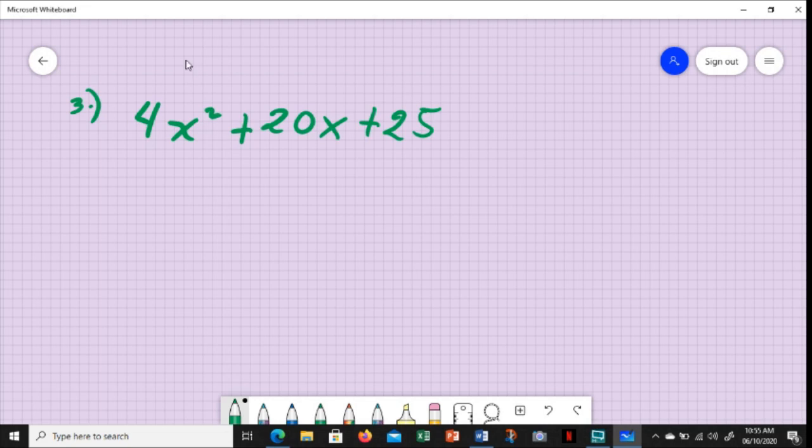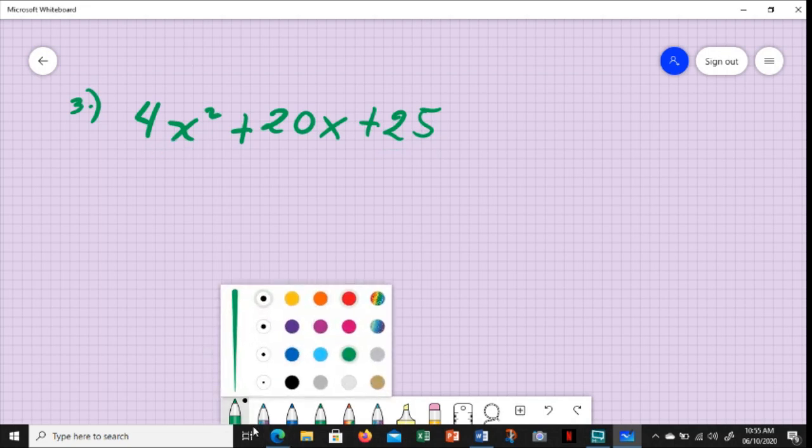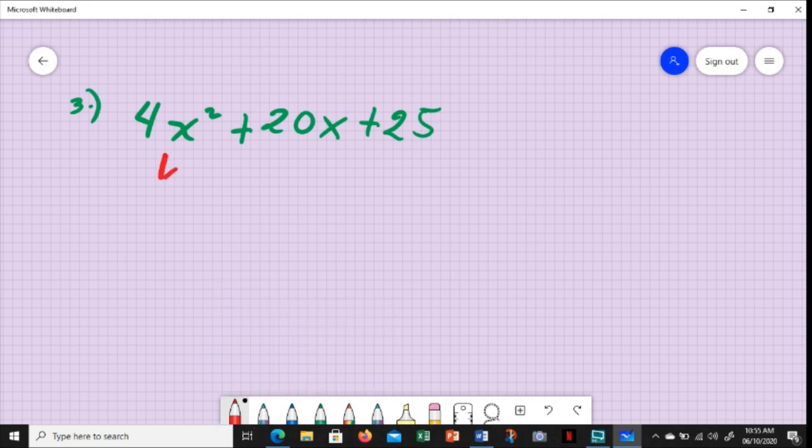So this is a perfect square trinomial. So again, apply square root on the first and last term. So what are the square roots? So square root of 4x squared is 2x, square root of 25 is 5. So this will be your a, this is your b. Then substitute it to the pattern.